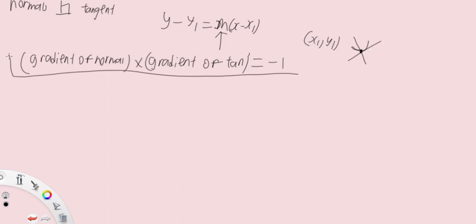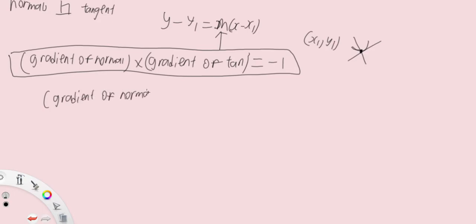This is just the key to finding whatever that we need. We know that dy dx equals the gradient of the tangent. That's why we can rewrite this as gradient of normal times dy dx equals minus 1. And there we have it. The parent equation in terms of the derivative of the function y or function f(x), it really depends.